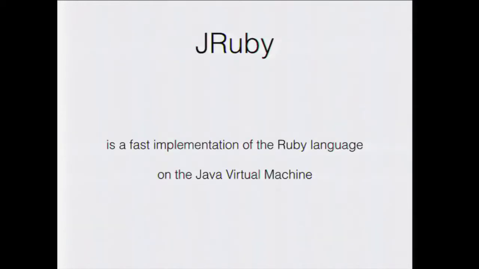So I would like to say that JRuby is really a fast implementation of the Ruby language on the Java virtual machine. Java virtual machine is a specification, and as long as you are running on a machine that conforms to those specifications, JRuby is theoretically able to run your code.